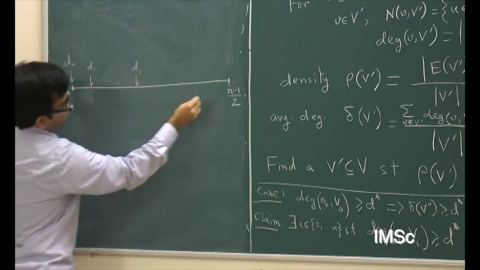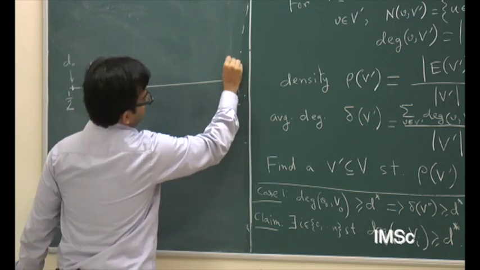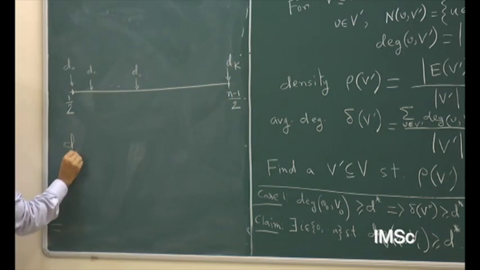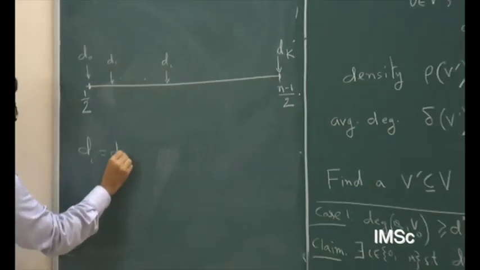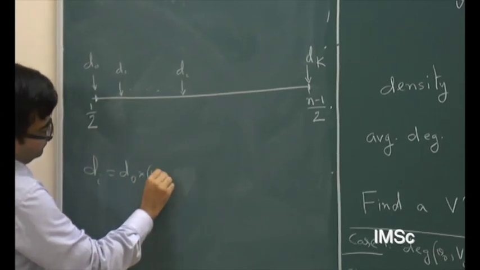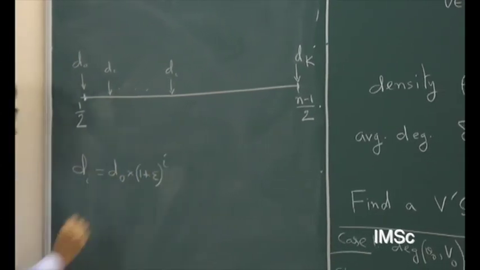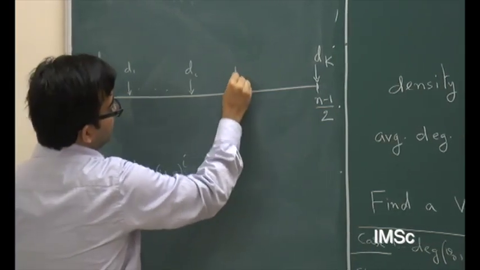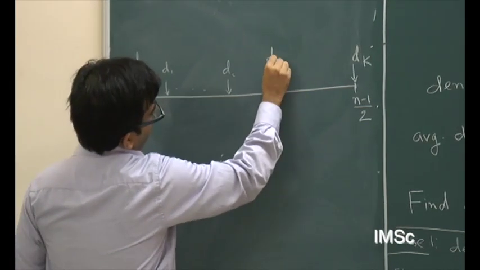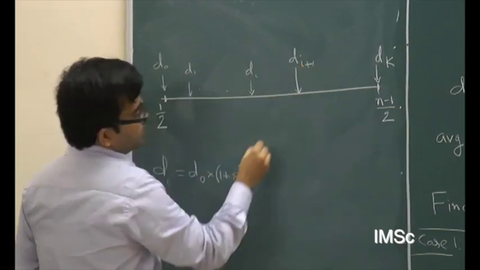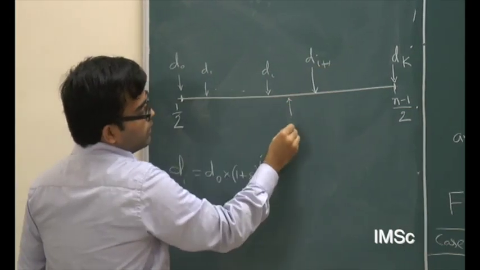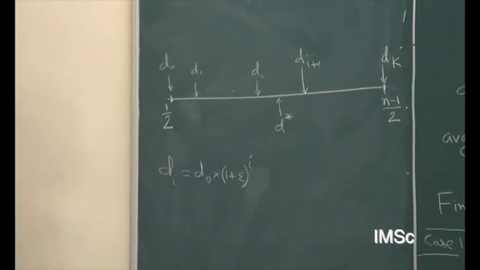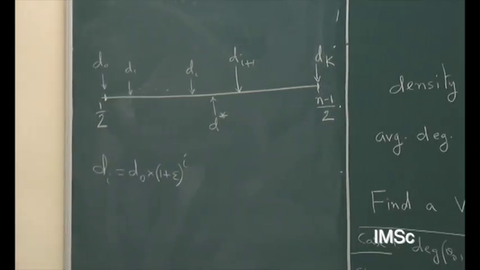Let us say this is d0, d1, and this is dk, where di is basically d0 times, okay. Now the actual d star, the opt, will fall between some di and some di plus 1.